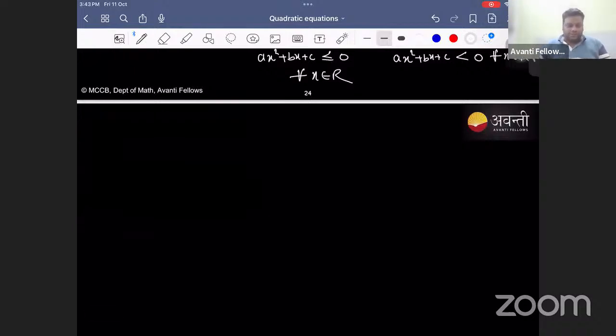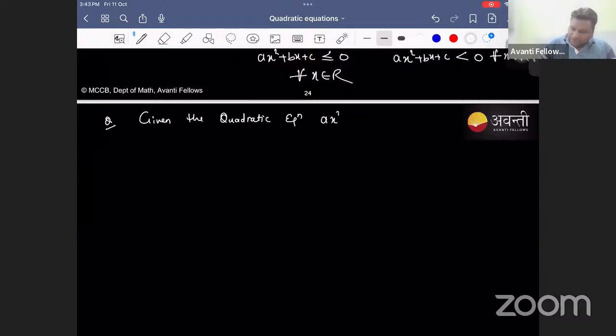Now, let's do a question. Given a quadratic equation ax square plus bx plus c equals to 0 has no real root.